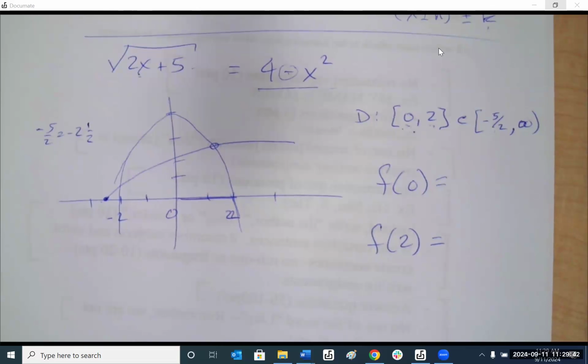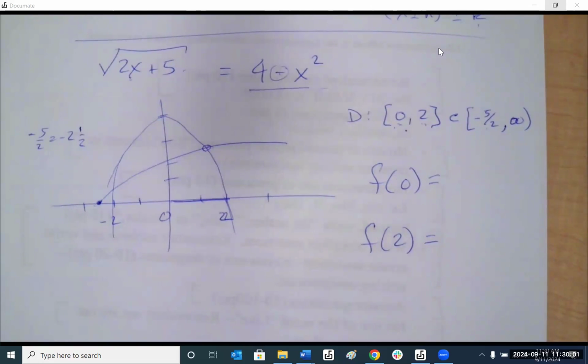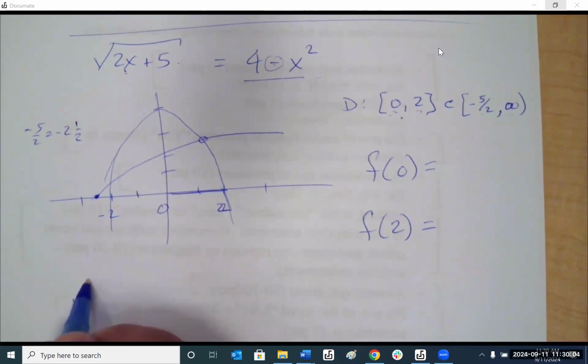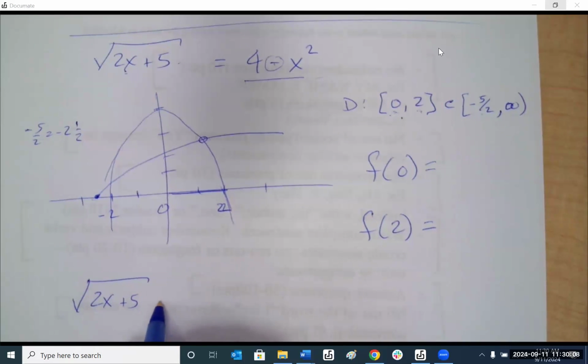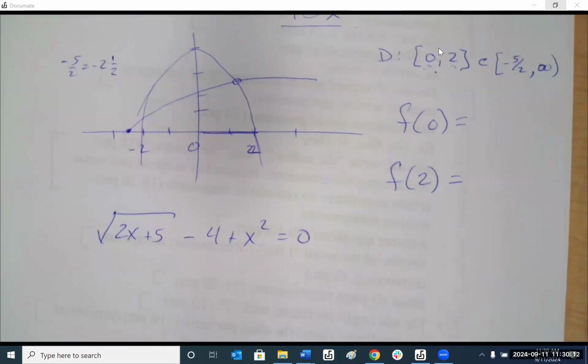What is that going to give us? Plug them into our equation. Remember, we had 2x plus 5 minus 4 plus x squared equals 0.